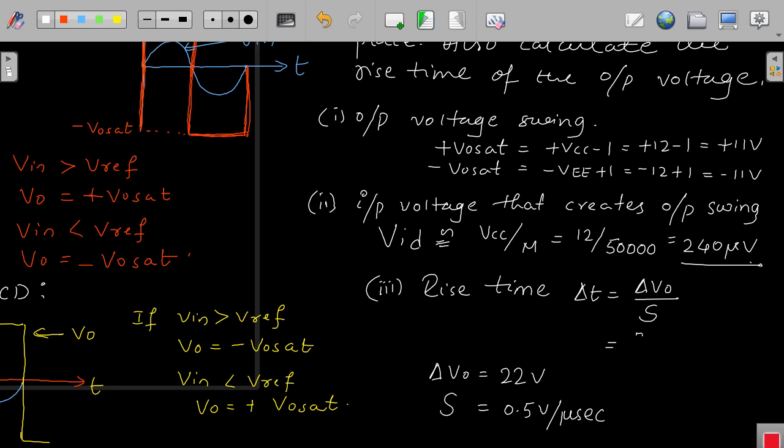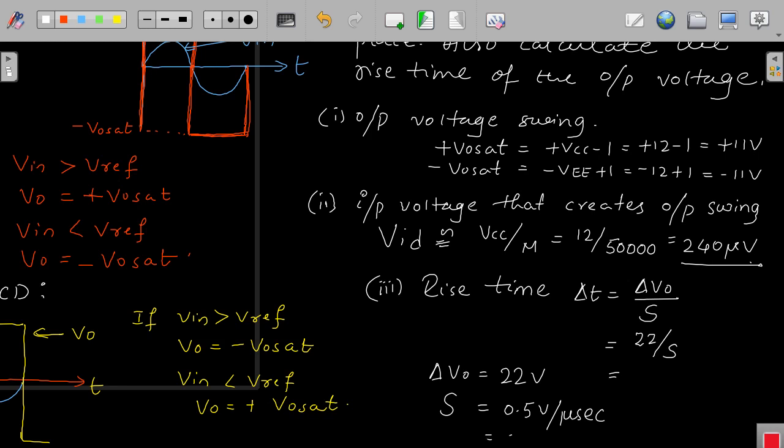Yes, sir. Okay. 22 divided by 0.5 volts per microsecond, or how do you take this? 0.5 into 10 to the power of 6 volts per second, right? Please calculate this.